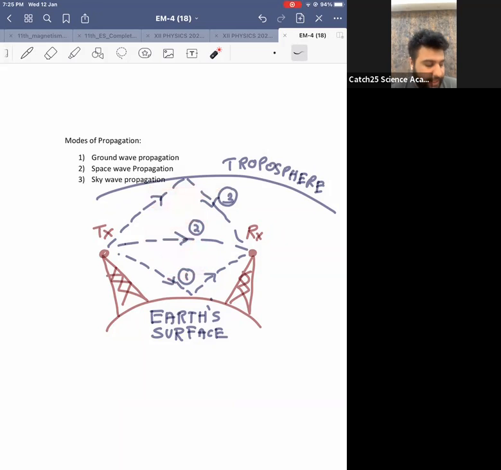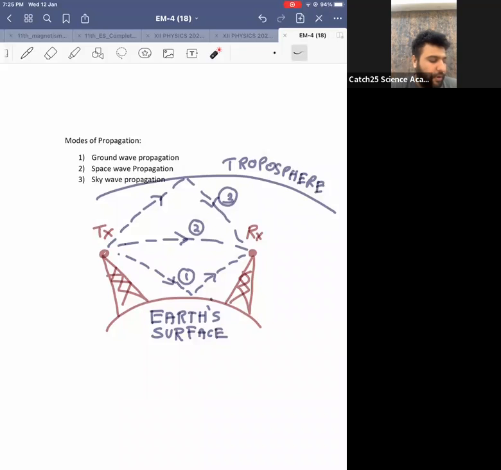Therefore, look at the first case. Can I say the waves are traveling after reflection from the Earth's surface, or going directly, or going after reflection from the troposphere? If any one of the three cases is satisfied, then it is called space wave propagation.